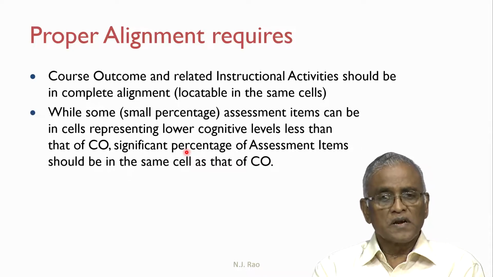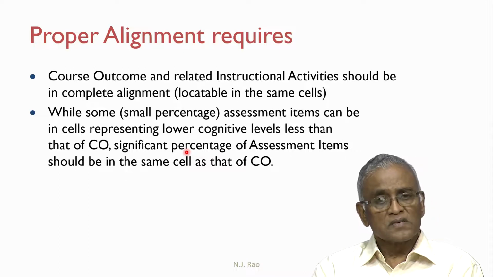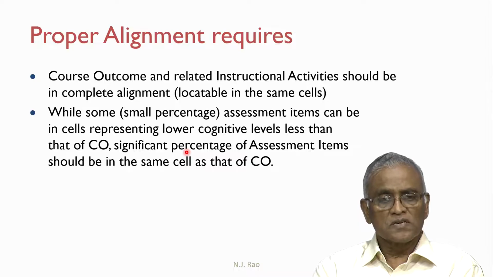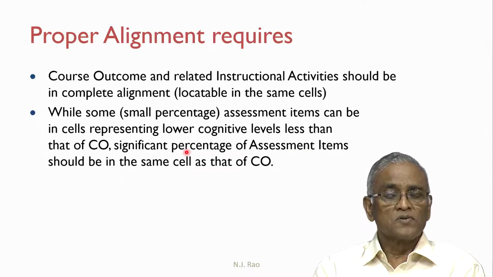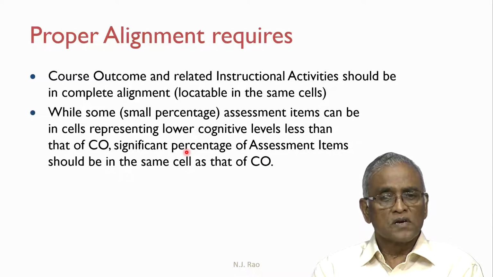So, when I am trying a higher cognitive level activity, my instructional activity will introduce the terms, explain what the term means and what the underlying concept is, and finally make the student do it at a higher cognitive level. So, to that extent my instructional activity which is in complete alignment automatically involves the lower cognitive level activities.